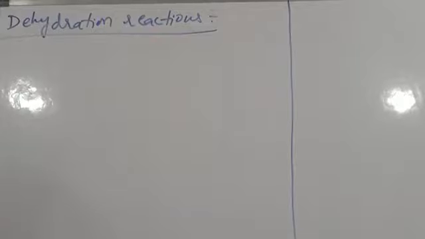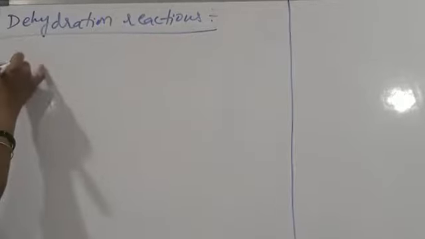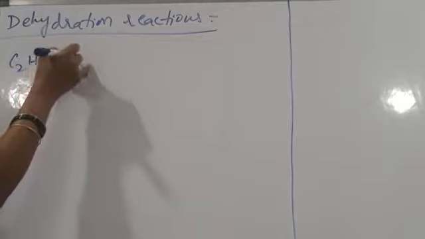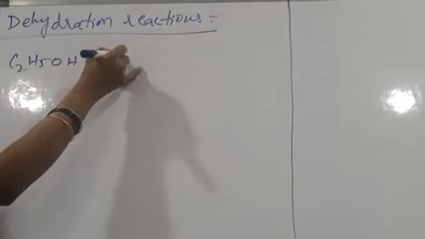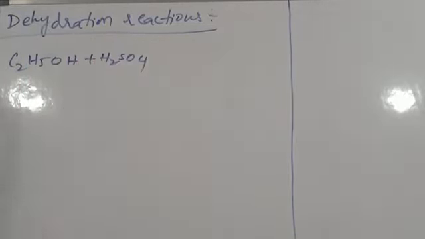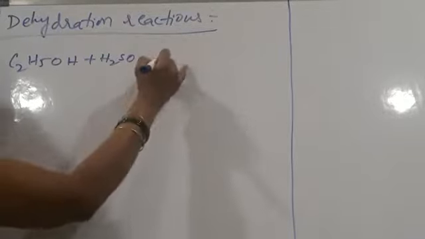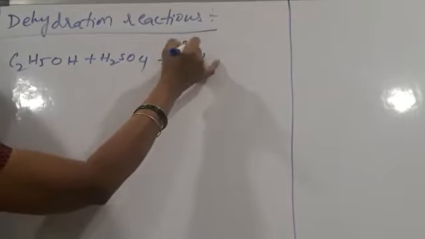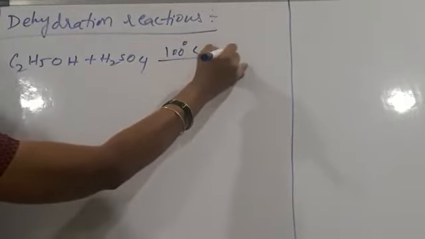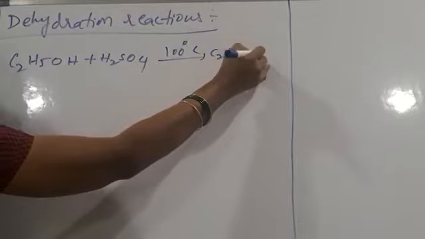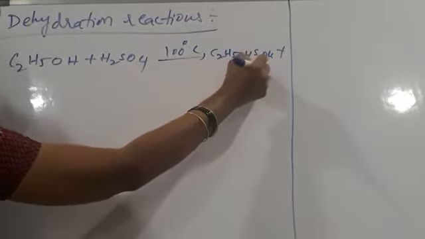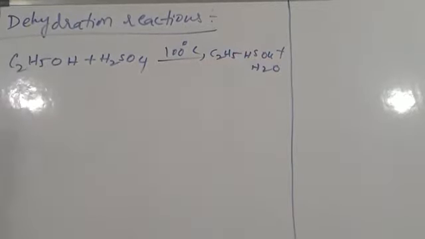For example, ethyl alcohol undergoes dehydration with concentrated sulfuric acid, and dehydration takes place at 100 degrees centigrade. We get ethyl hydrogen sulfate with the removal of water.